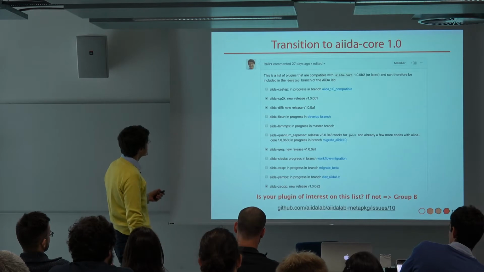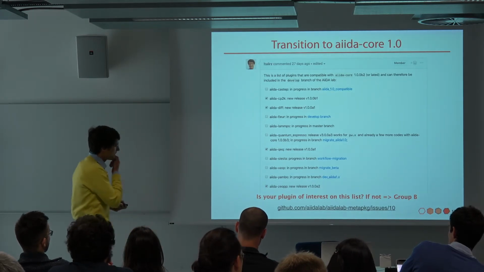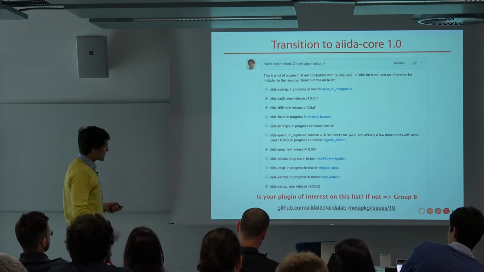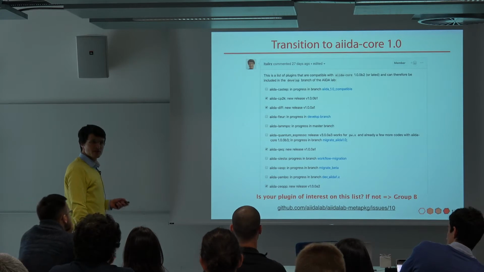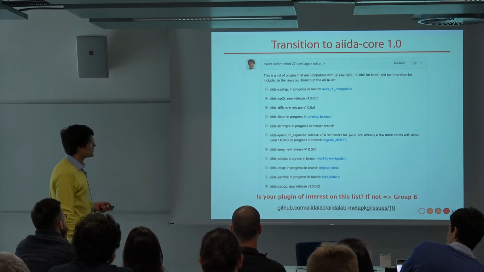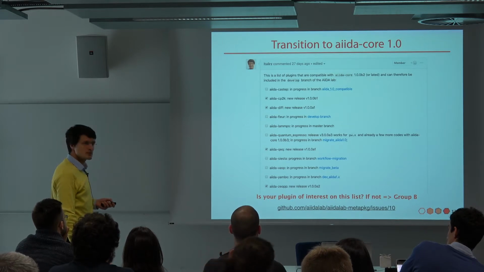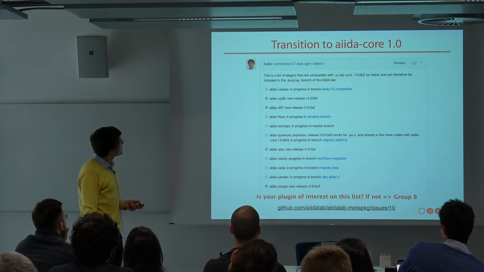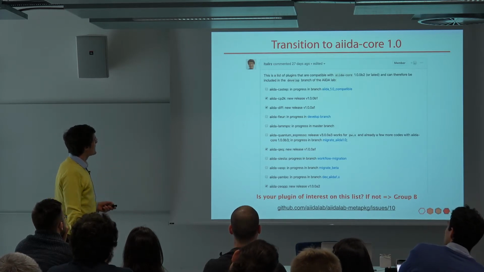So this is the stage of the migration of the plugins from authors that were at the workshop. One important point I wanted to make here is, if the plugin of interest is not on this list here, then you probably don't want to go into the workflow group, but you probably want to go into my group and learn how to write the plugin or how to migrate it.